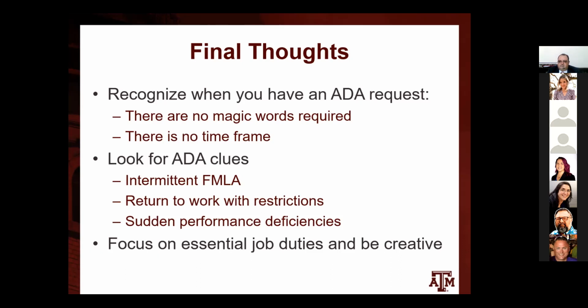Thank you. And then the next question is, what if the person is not meeting job expectations, but it is not necessarily due to their disability? How do I even determine this? You don't have to worry about that. That's the good thing about this. Just because you think they have a disability and are not seeking an accommodation to help them, you don't have to worry about that. Even if they have a disability and they have a reasonable accommodation, they are still expected to perform at the expectation level for the position.